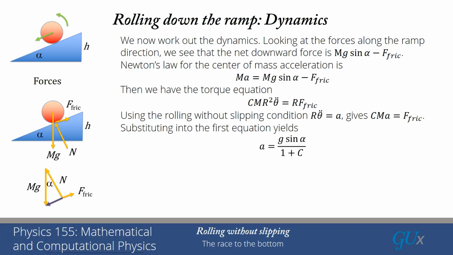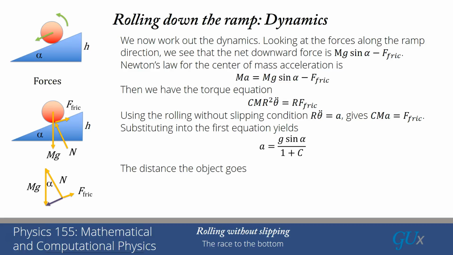Now we know that the initial velocity and initial angle are 0, and we know our initial rotational frequency is 0. We know the initial position and the initial angle are 0. So we can immediately determine how long it takes for the object to go down the ramp by using this acceleration.